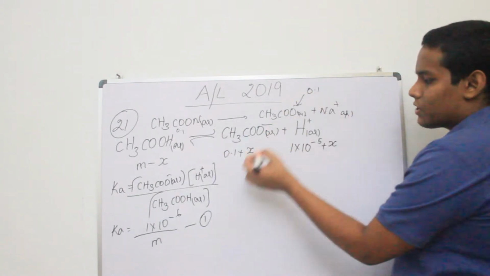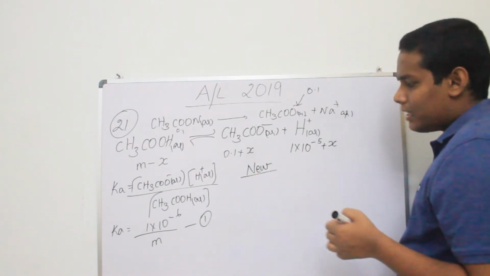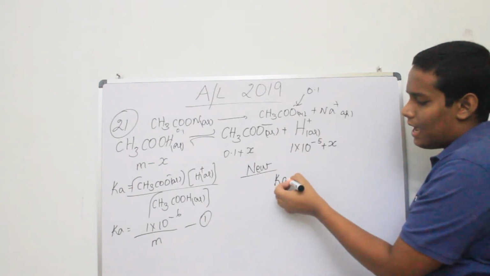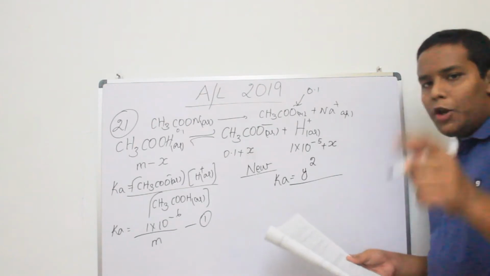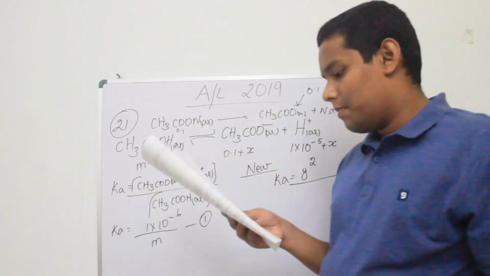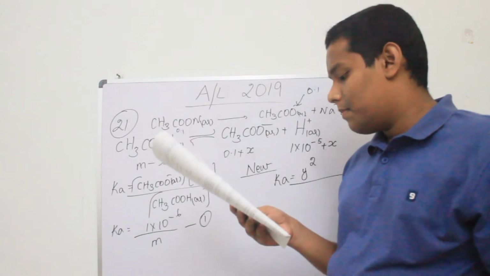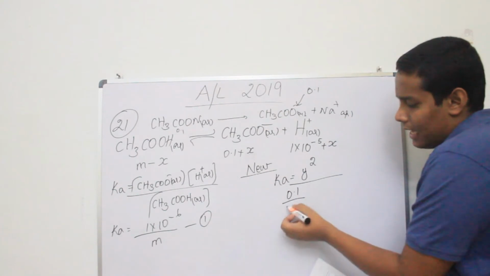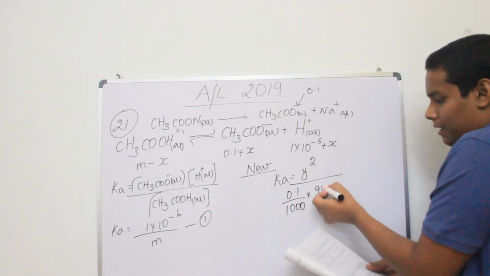So in the new situation, this is Y, this is Y. Ka equals Y squared over the new concentration of acid. 0.1 is there in 1000, how much is there in 90?